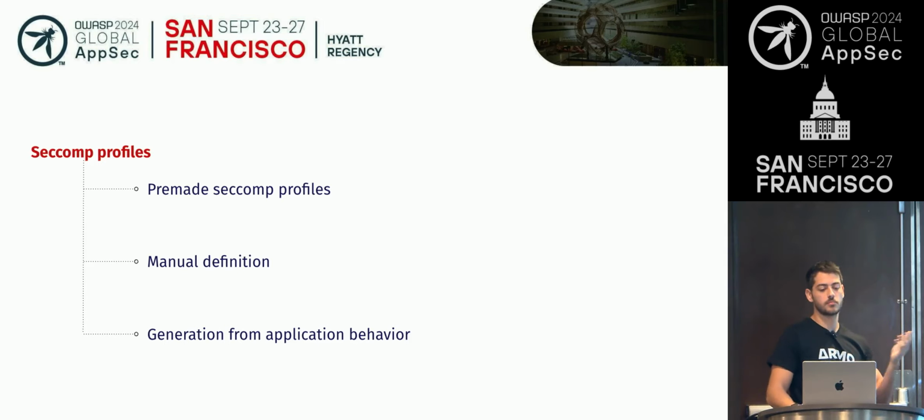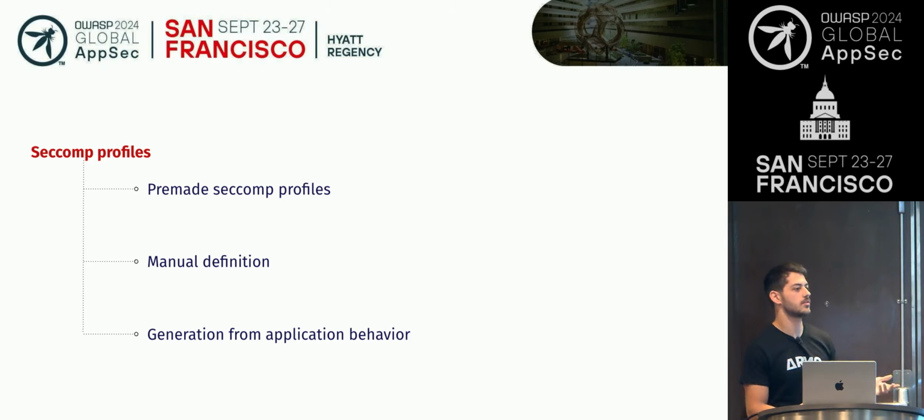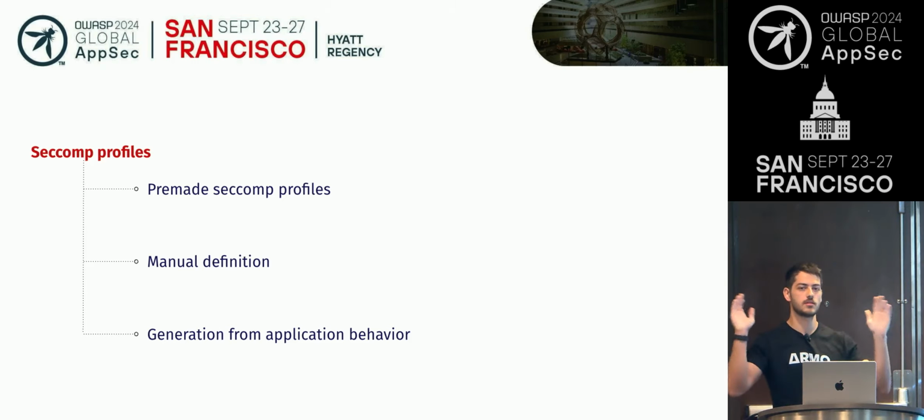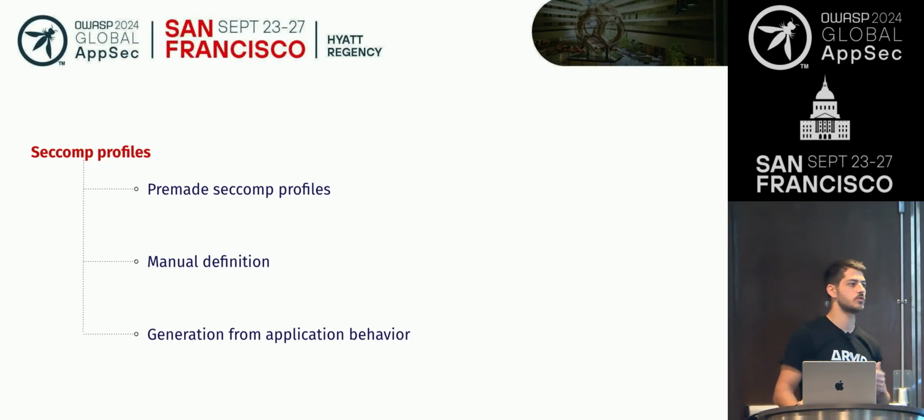So you have something called pre-made seccomp profiles, right? If you look at the Docker documentation, they state, this is the default seccomp profile we're providing with the containers. So this is what comes when you use Docker as your container runtime. Some container runtimes don't even put a seccomp profile, some do.